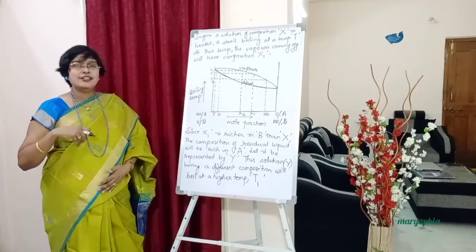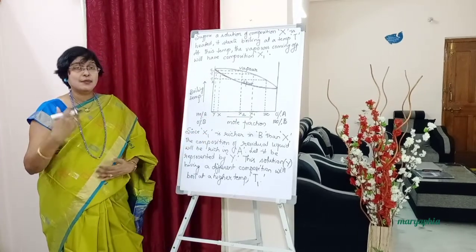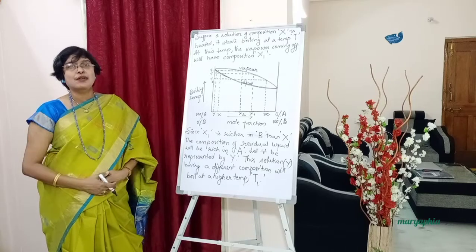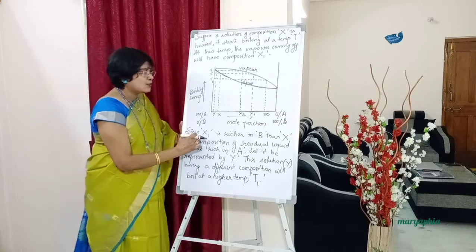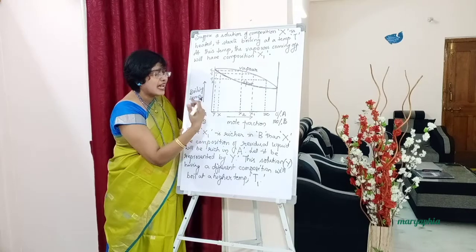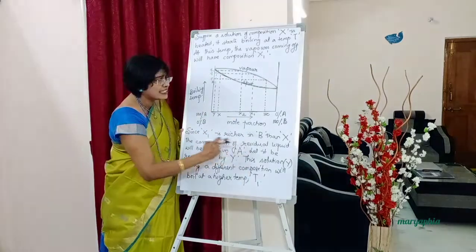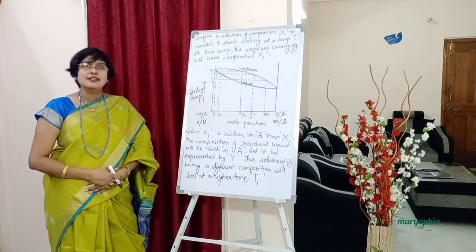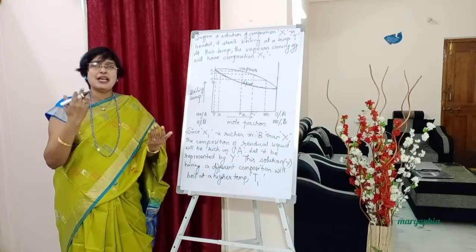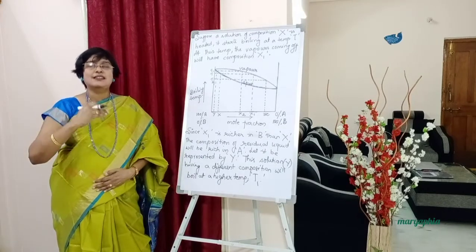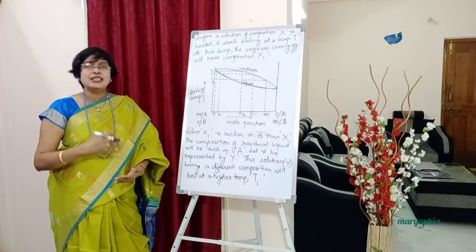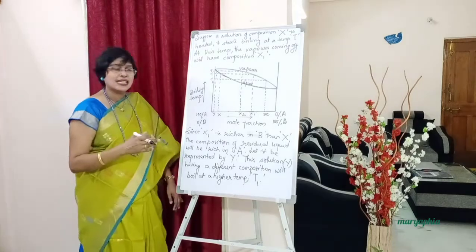So try to understand. It will be more interesting once you understand. Since X1 is richer in B than X, the composition of residual liquid means what? Whatever is being evaporated and whatever is remaining, without converting into vapor, that is called residual liquid.